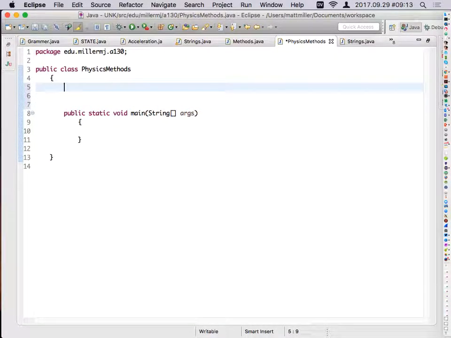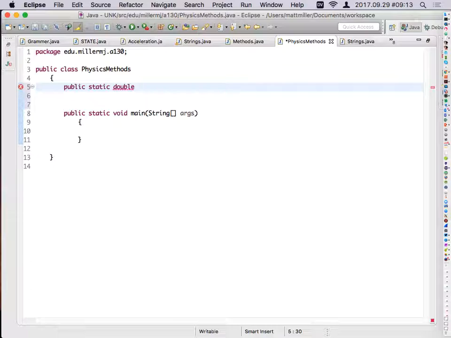So we got the public static. What else do I need? What's the next part? Return type. So let's say I want to do double. Okay, what's the next part? Well, arguments are coming. It's like winter, it's coming.